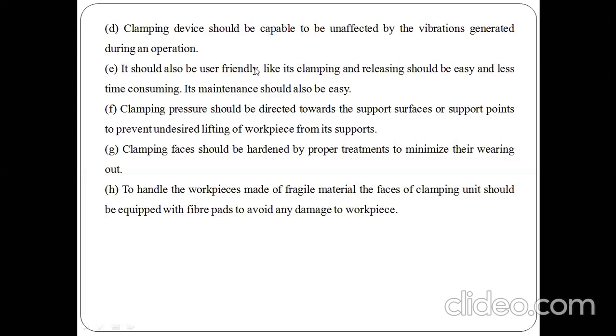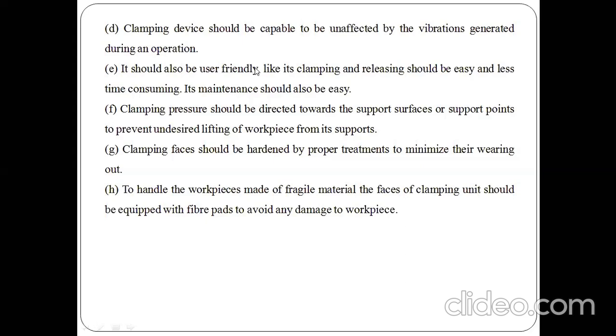To handle a workpiece made of a fragile material, the face of a clamping unit should be equipped with fiber pads to avoid any damage to the workpiece. A fragile material should not be damaged due to application of pressure by the clamping element. It should be avoided. So these are the main factors which we have to consider while selecting a clamping device.